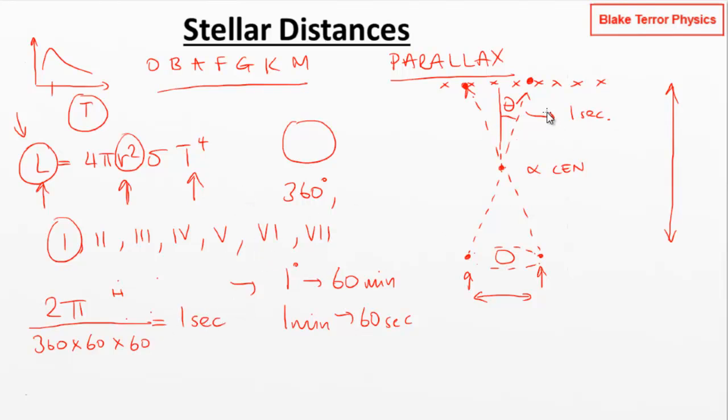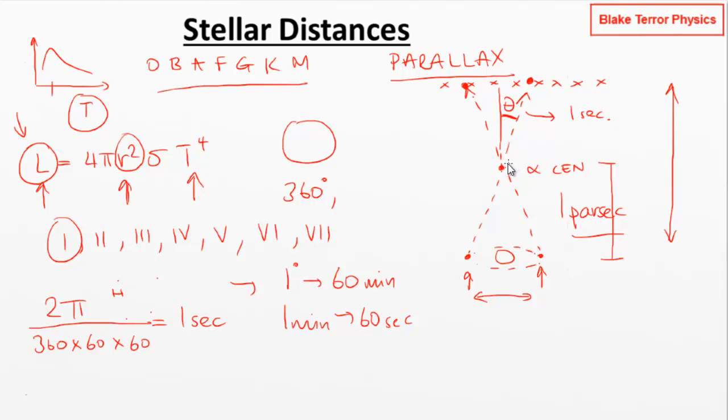So that's an angle. And if we've got 1 second of arc, then we say that the distance is 1 parsec. So 1 parallax arc second is just reduced into this name here, parsec. You can do this for close stars.